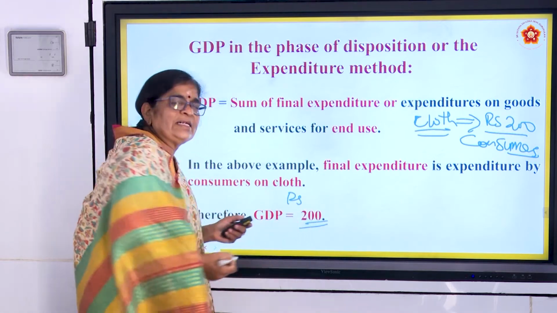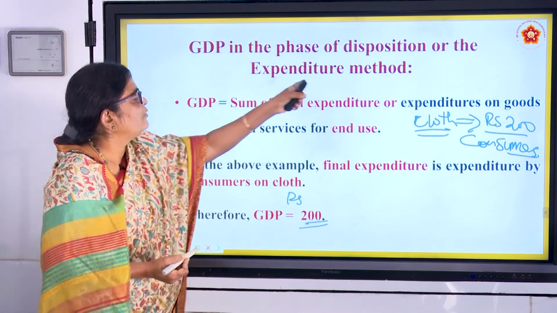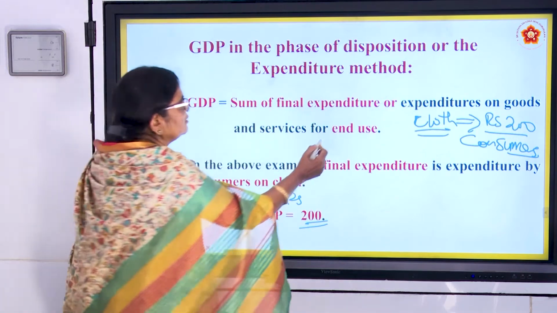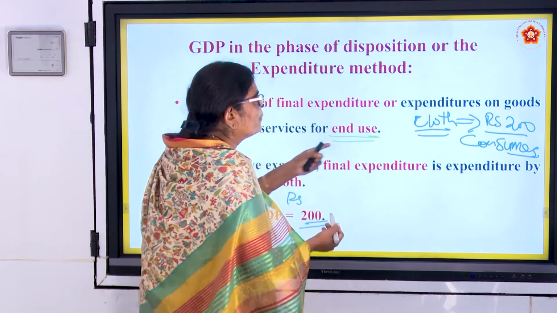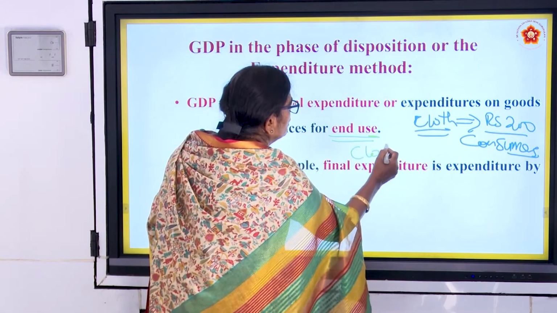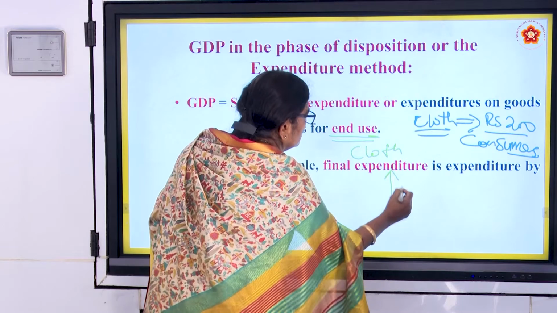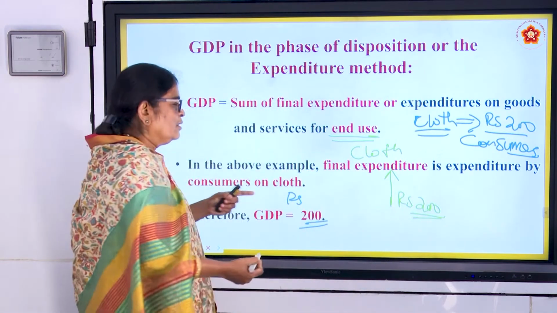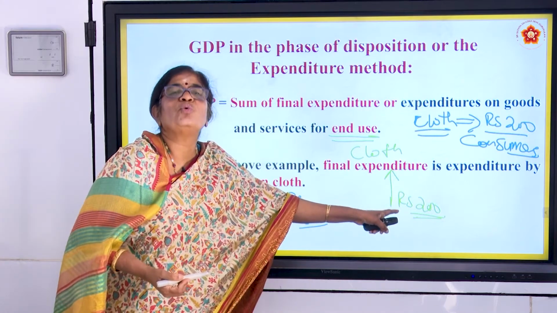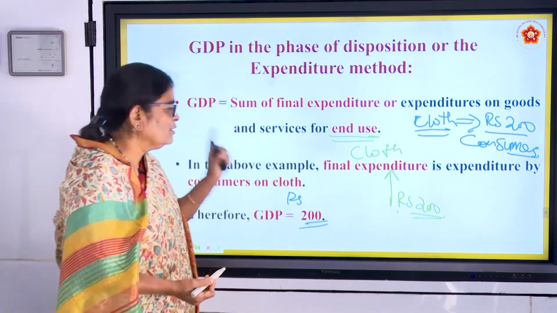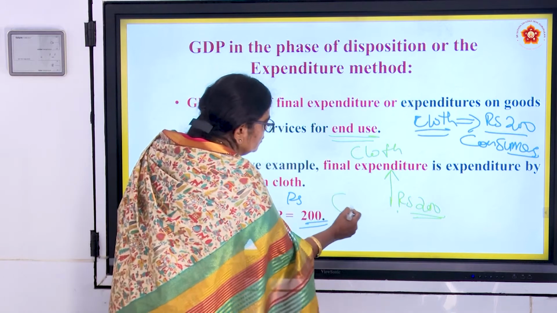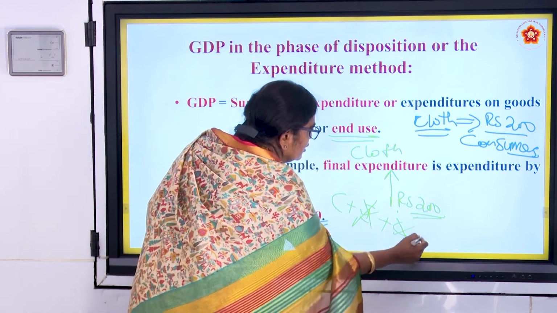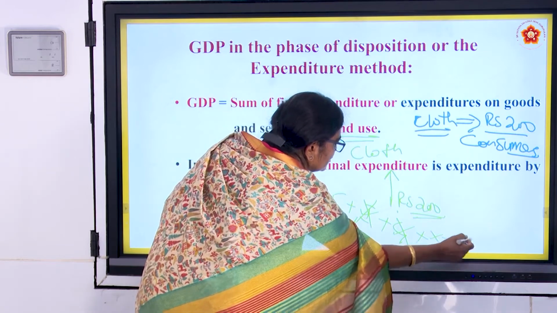Rupees 200 in this expenditure method, because the end product is our cloth. The end product cloth gave us rupees 200. Therefore, expenditure by the consumers is how much? 200. Here we don't have I, only one expenditure is there. No I, no G, no X minus M is there here.